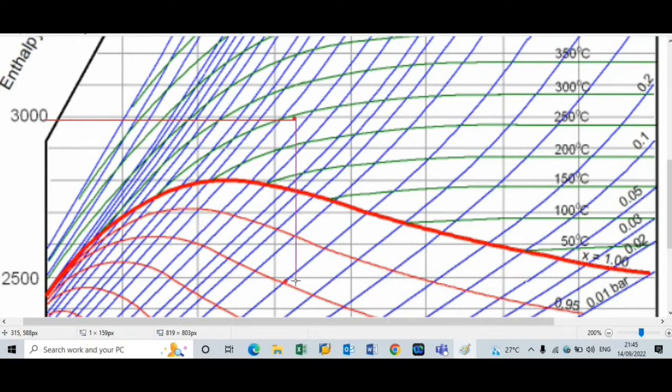So here is the point. So that is the point of intersection. So this point will be 2 dash. So how to measure the enthalpy at this point 2 dash? Again we will draw one horizontal line passing through this point. So we will select the line.